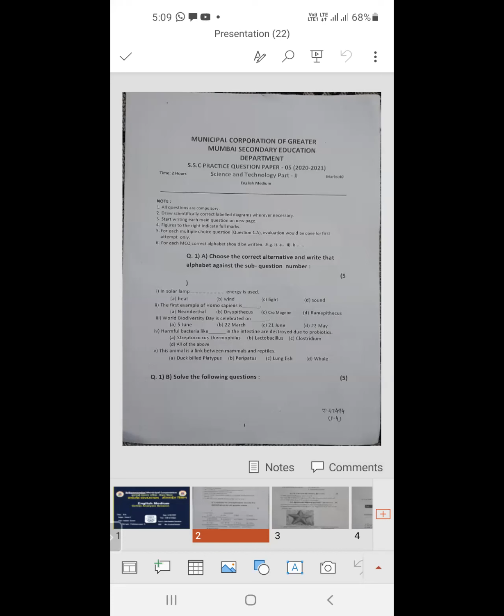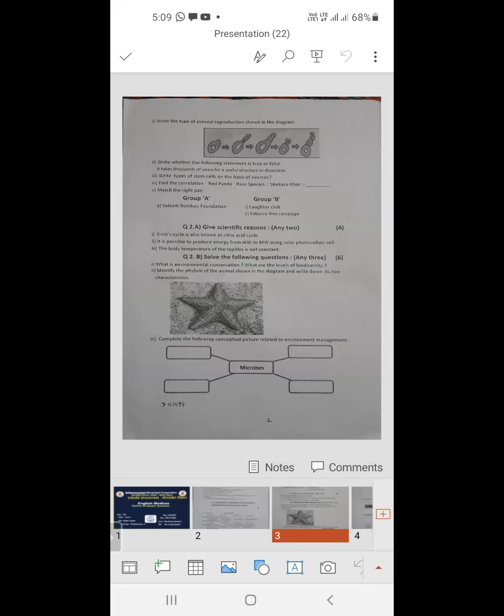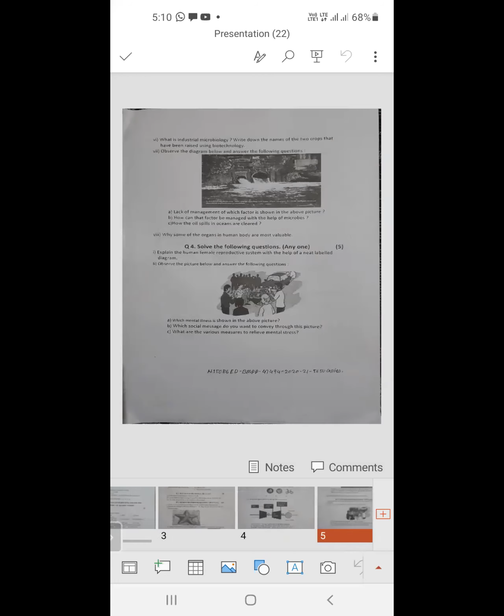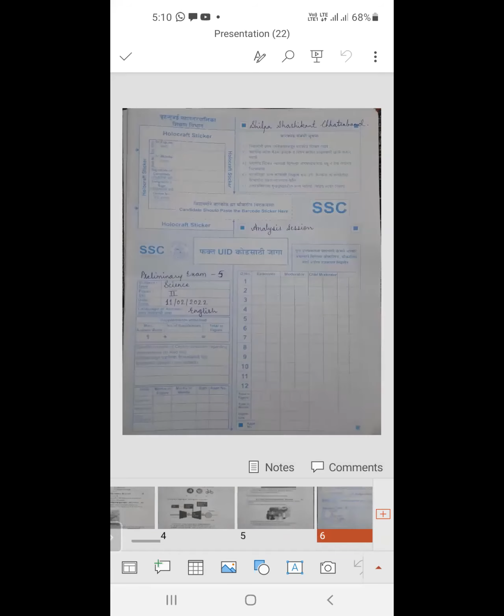That was the first page, this is the second page, this is the third, and this is the fourth page of your question paper. We are going to see how to solve this question paper and we are going to analyze it.